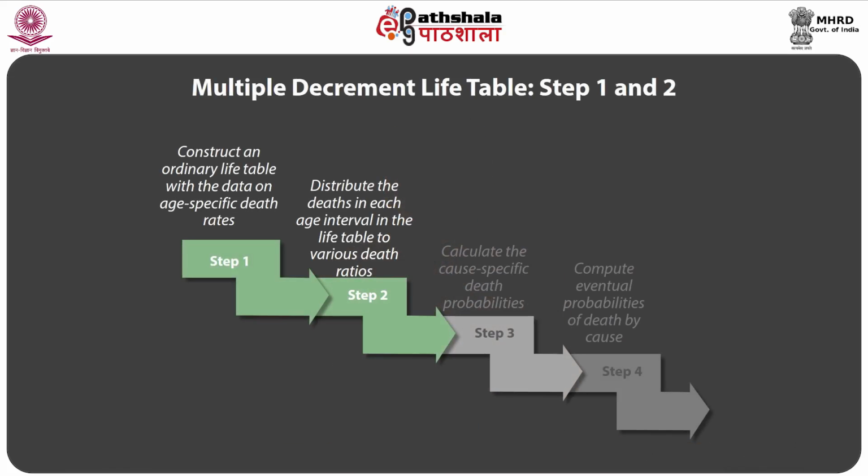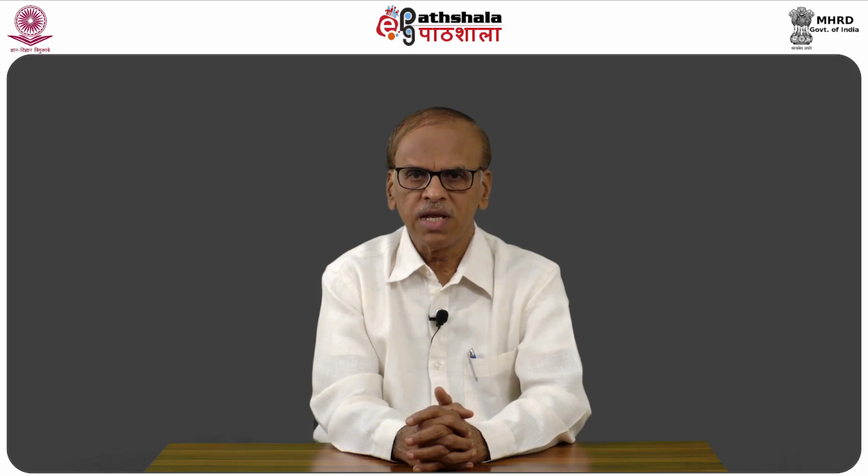For illustration purpose, we will select Costa Rica male life table. Number of deaths in the age interval 0 to 1, 1D0 is 7230, it is given.